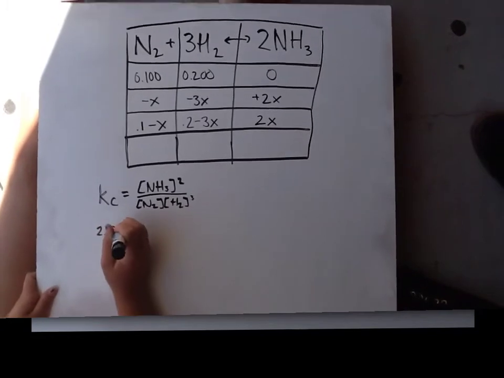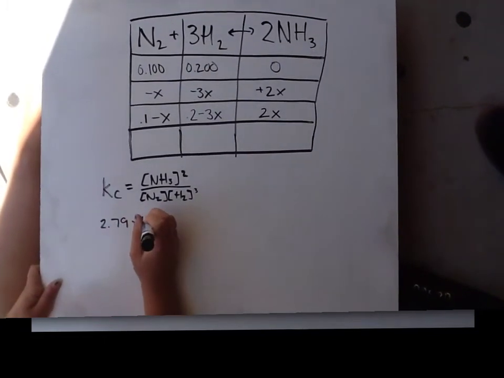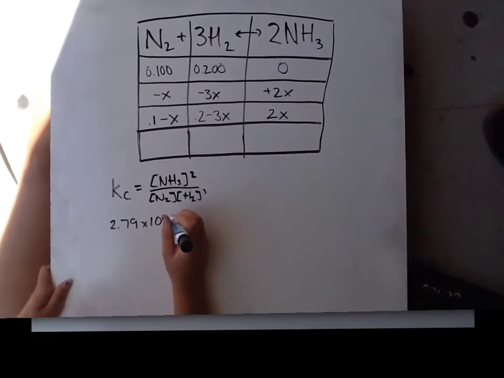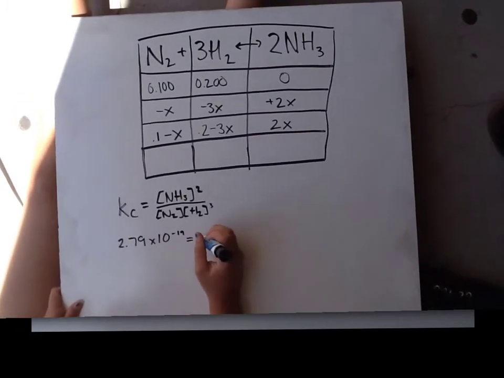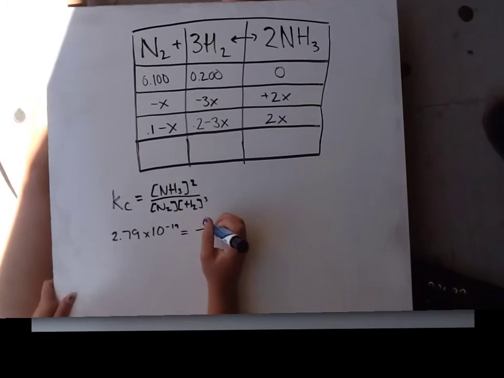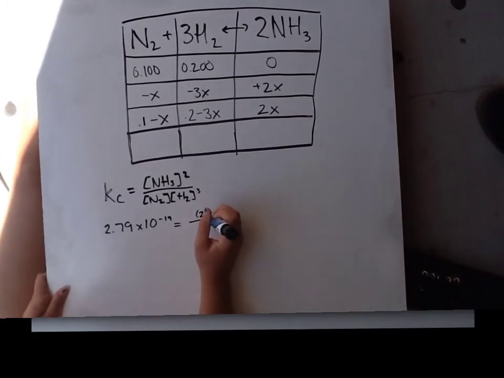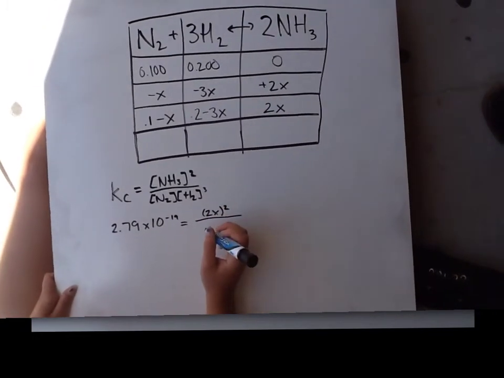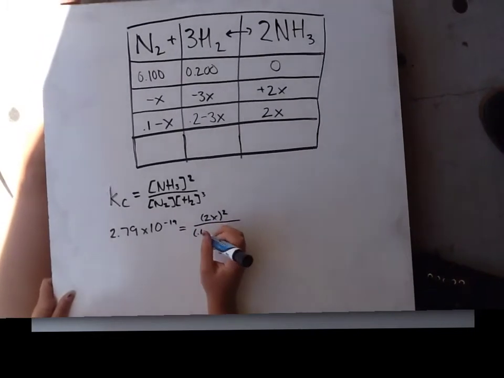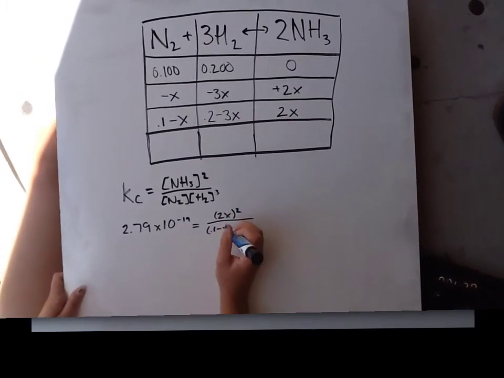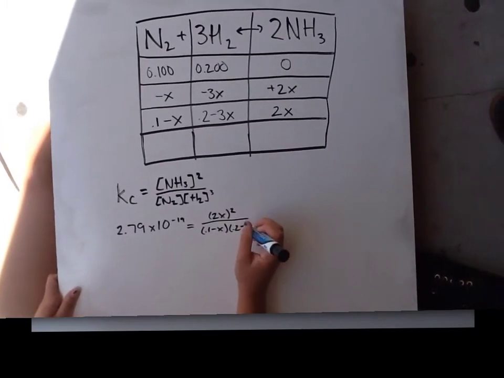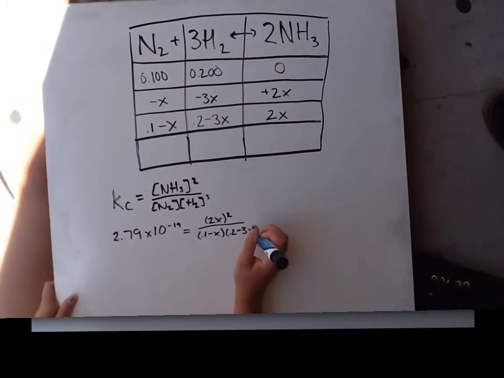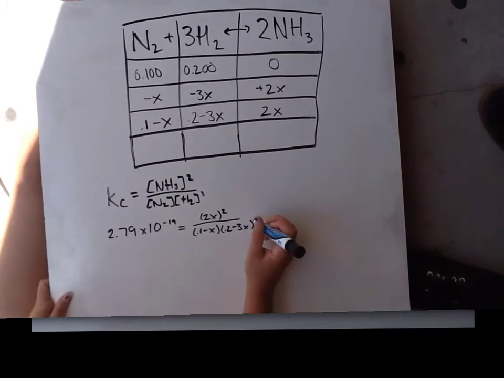Then the Kc is 2.79 times 10 to the -19th equals 2x squared over 0.1 minus x times 0.2 minus 3x to the third power.